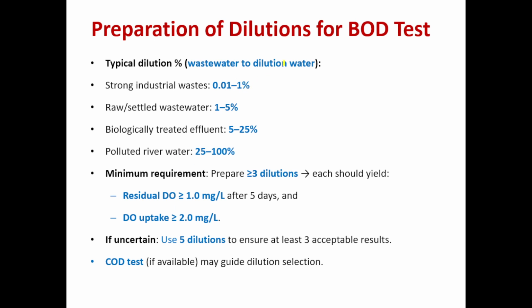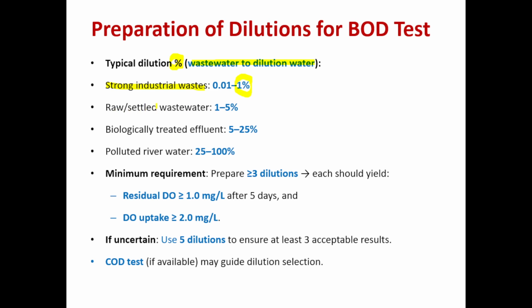Next is the preparation of dilution for the BOD test, and the typical dilution, for example, how much wastewater we are using in dilution water. There is a recommended percentage of wastewater to dilution water. For example, for strong industrial waste we can use 0.01 to 1% wastewater, and the leftover is dilution water; if we use 1% wastewater, we need 99% dilution water.